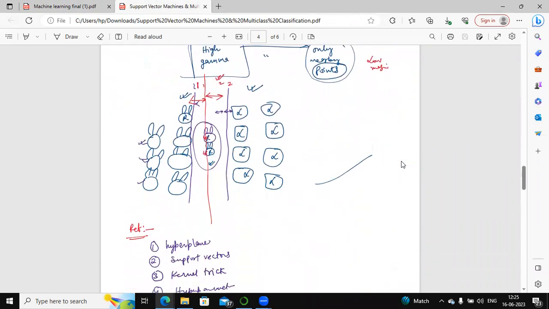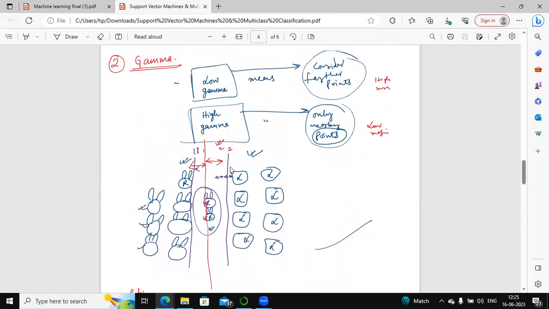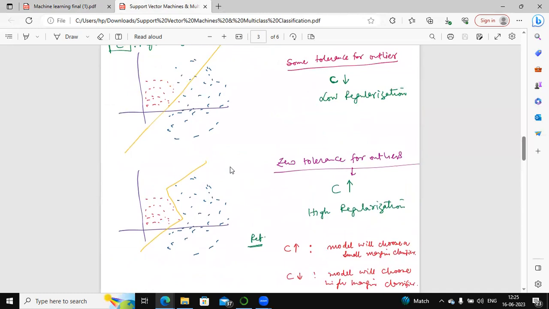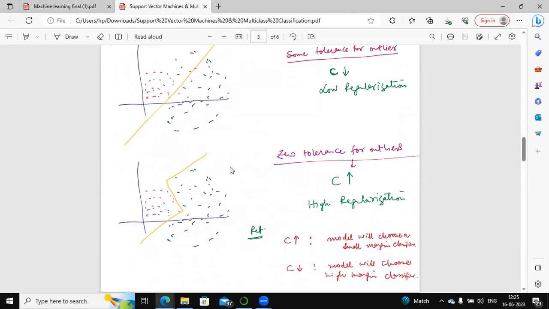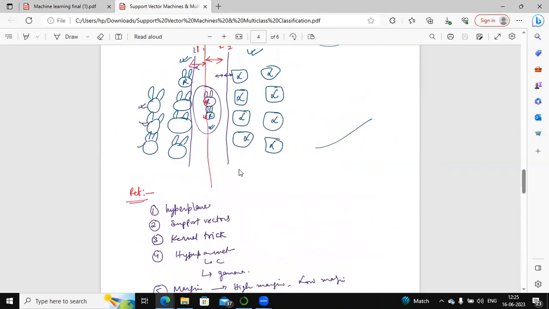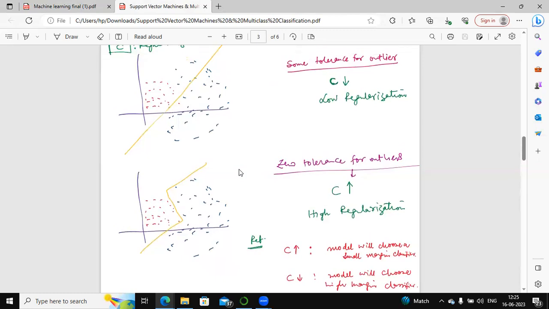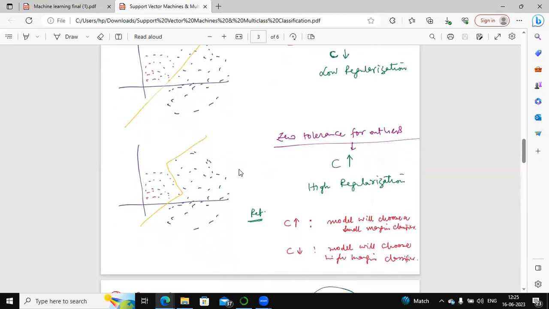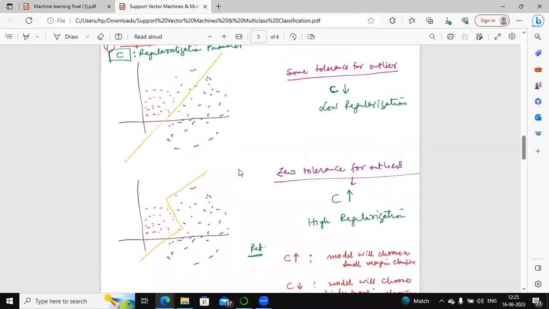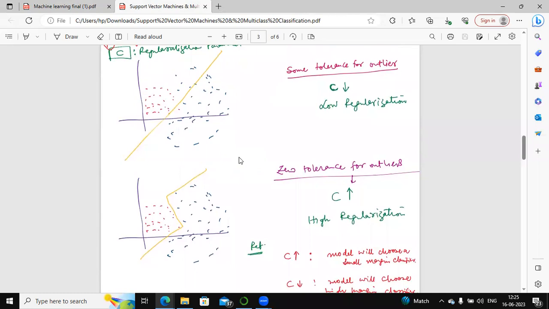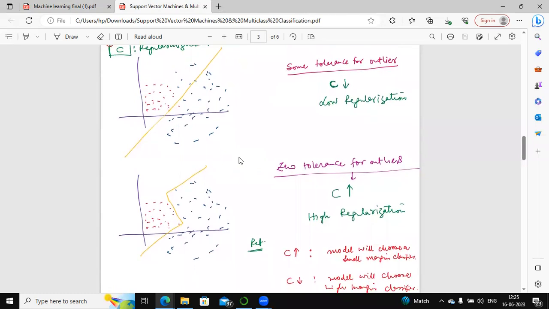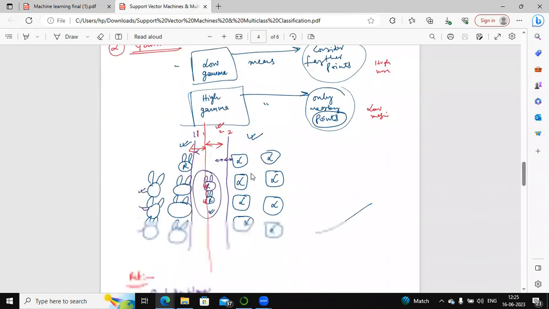High C means we are building a complex plane, whereas low C means we are building a plane which gives maximum margin, where some outliers will be present in our classes and some tolerance will be given. Zero tolerance is given if we have high regularization.